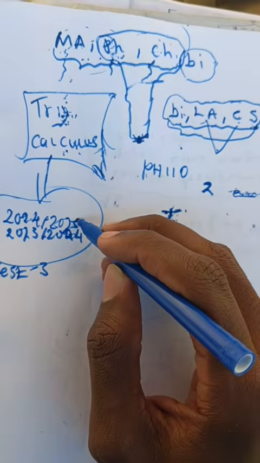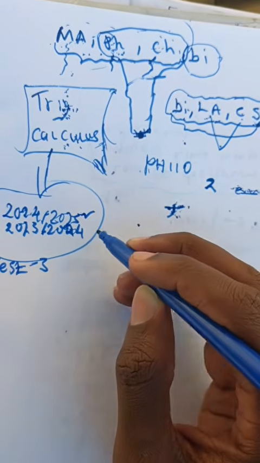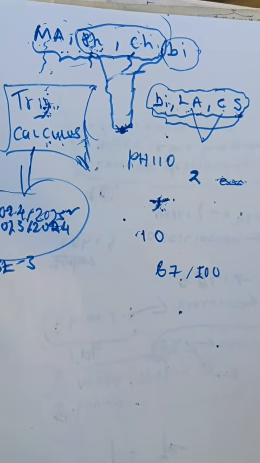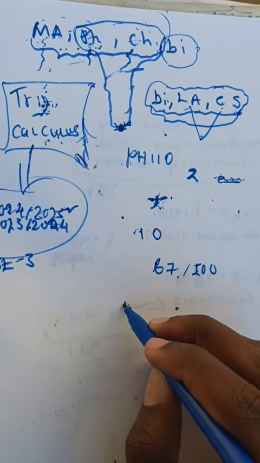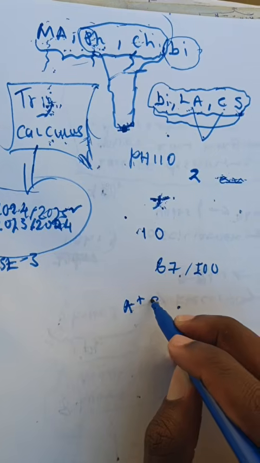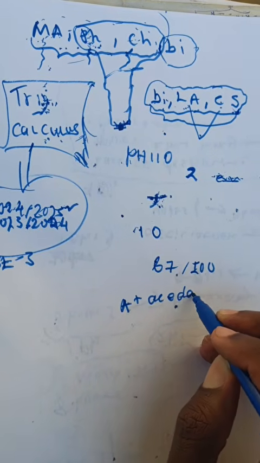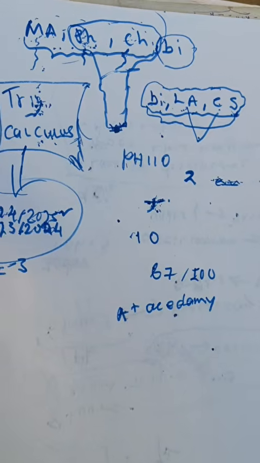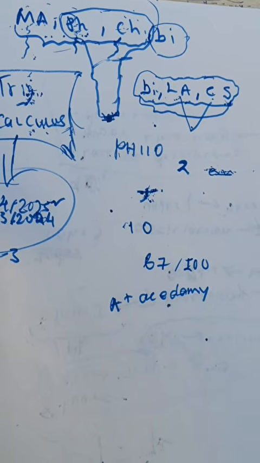Because I remember students I had in this 2024-2025 intake, they released it and I solved it for them under A Plus Academy. A Plus Academy is where we solve documents. It's a platform where you access solved materials. They were celebrating. People got their A plus.